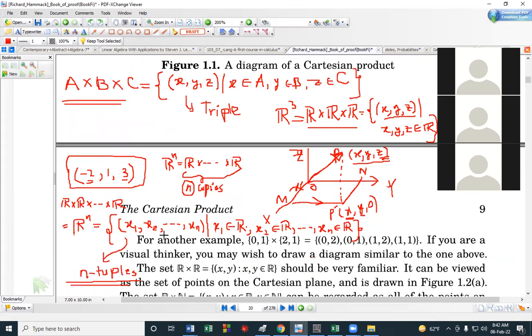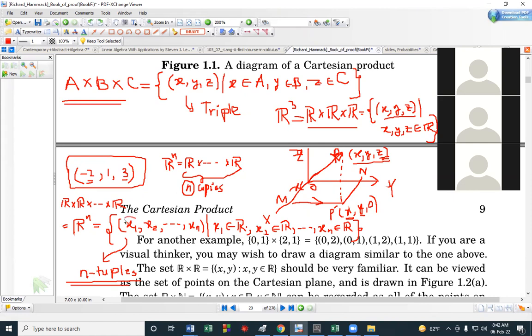Up to 4, you can say quadruples, but after 4, the terminologies are not that well standardized. So Rn means an arbitrary number of copies of R. We are taking the Cartesian product of an arbitrary number of copies of the set R with itself.